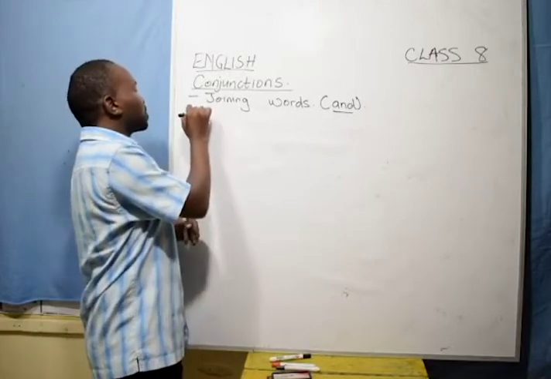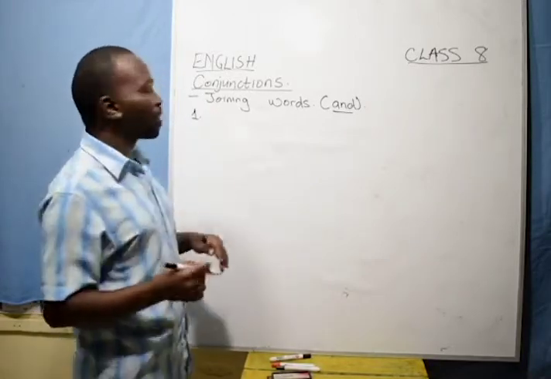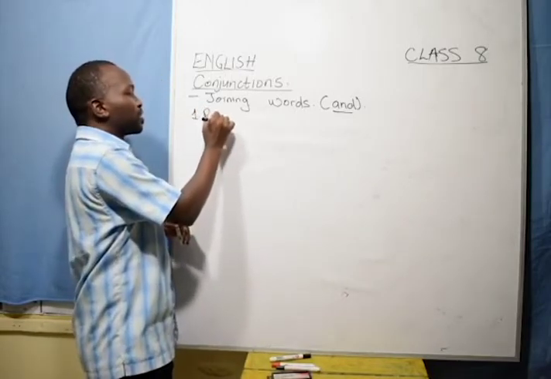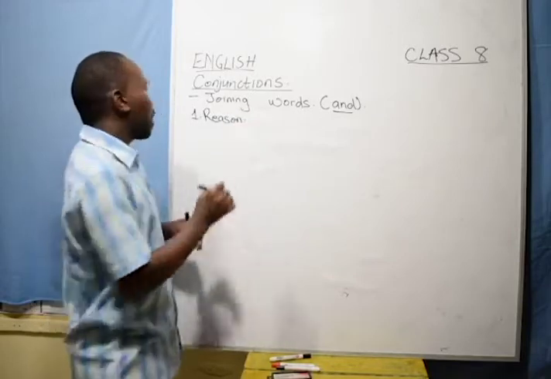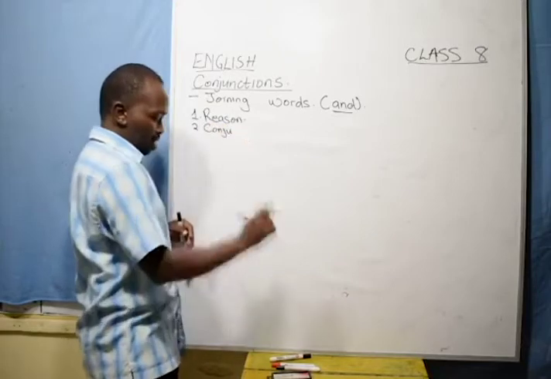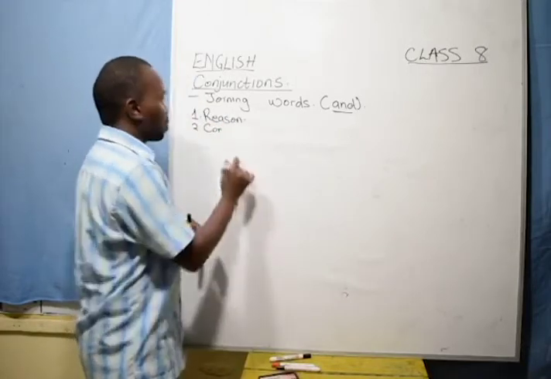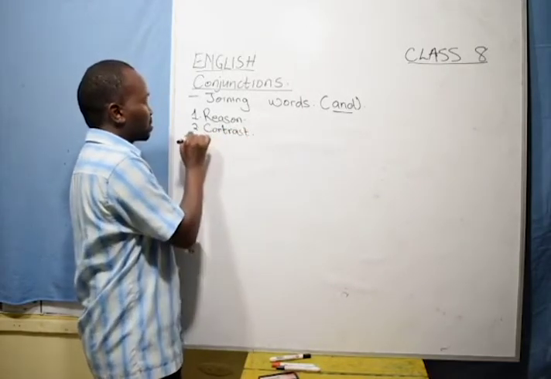Now, conjunctions are grouped depending on how they are used. We have conjunctions of reason. Number 2, we have conjunctions of contrasts.